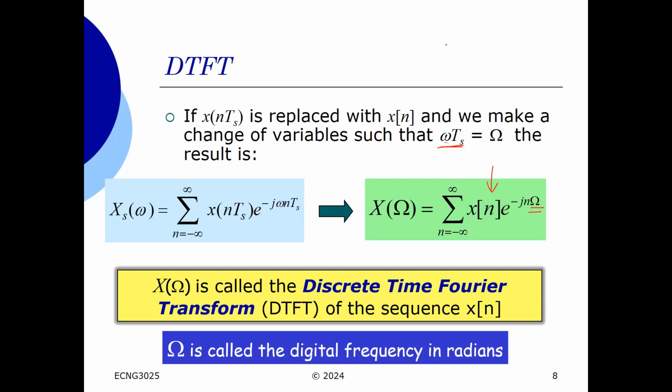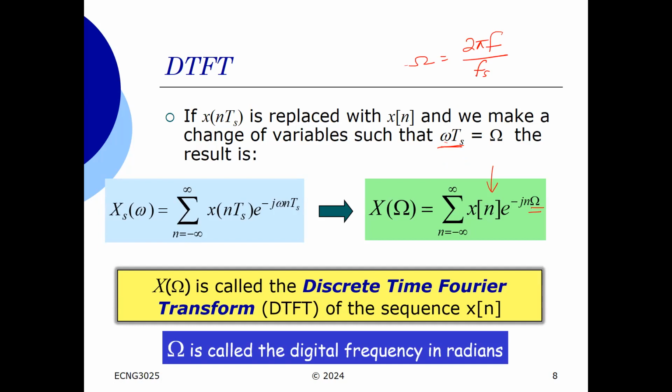Or, remembering that omega is 2 pi f and Ts is 1 over Fs, in some cases it's convenient to write omega simply as 2 pi f over Fs. We'll meet that later as we go through this; it will keep cropping up.